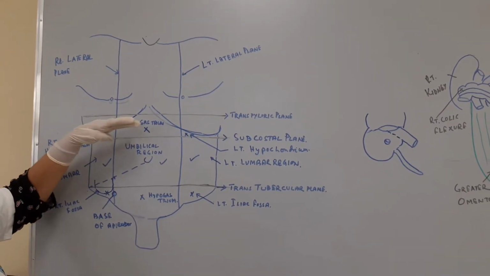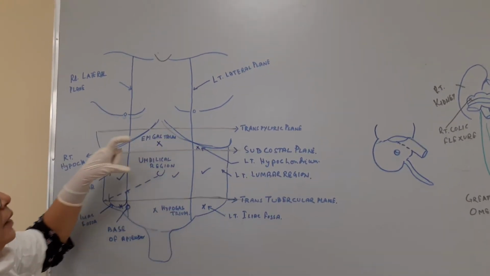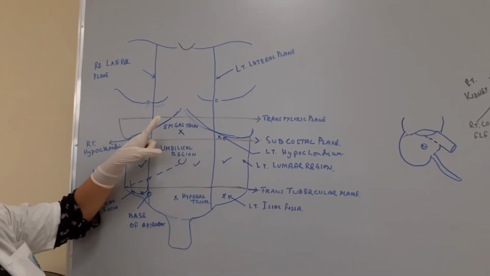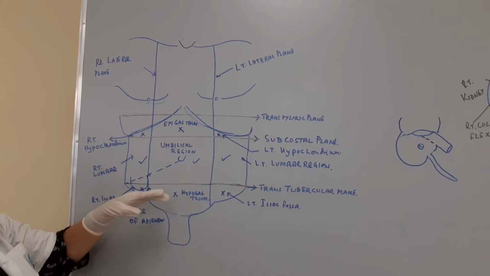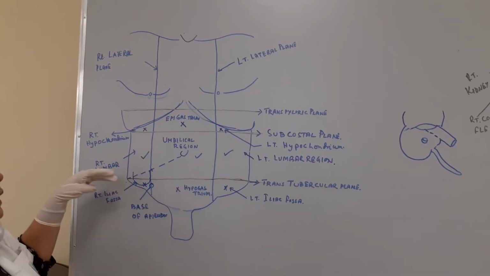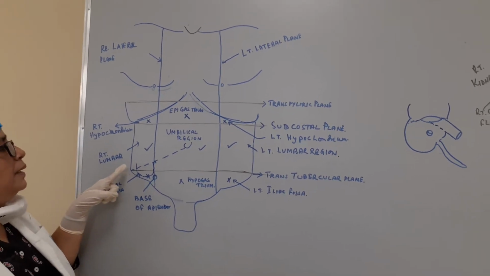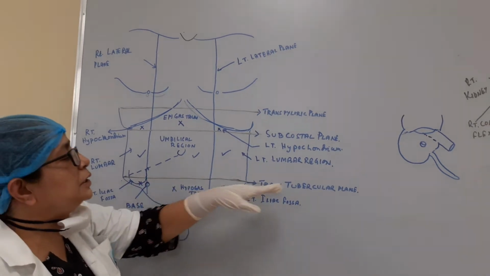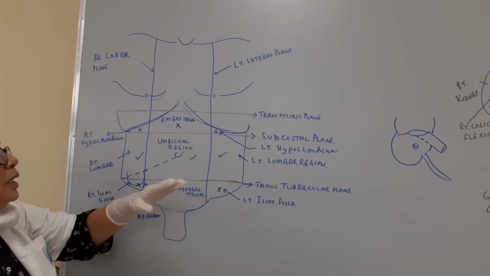This line passes over different viscera of the abdomen. One of them is the pylorus of the stomach, so it is called the transpyloric plane. Another horizontal plane passes through the tubercle of the iliac crest, so it is called the transtubercular plane.